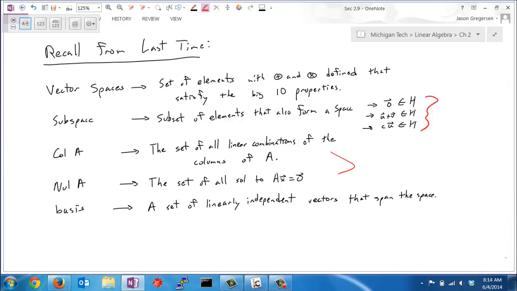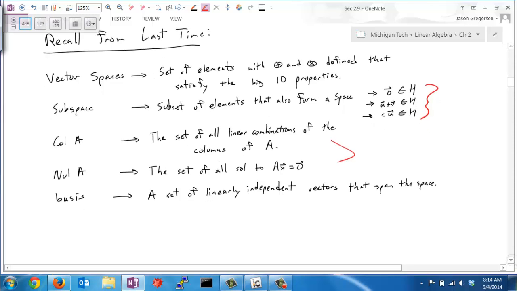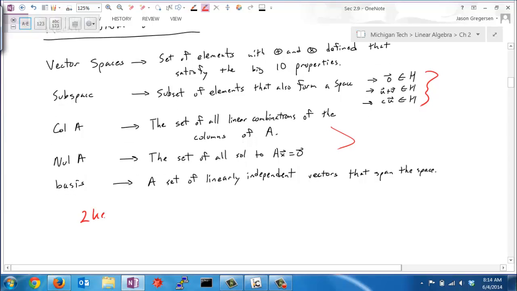Because this is a set of vectors that span the space, that means I can take a linear combination of them to get anywhere in the space. So they can generate the entire space, if you will. Let's look at these two key points of this definition. One, they span the space.